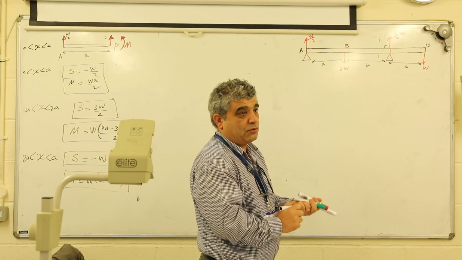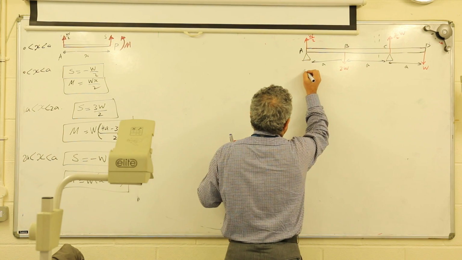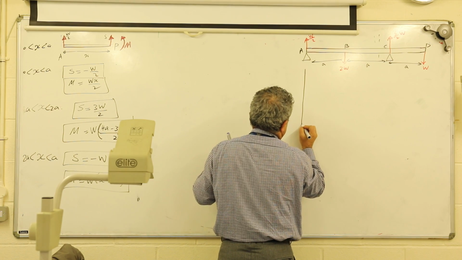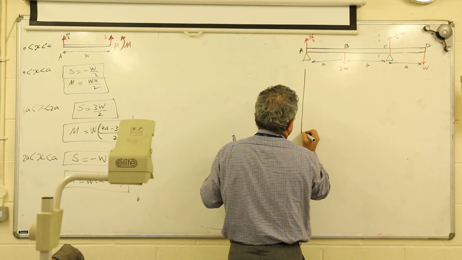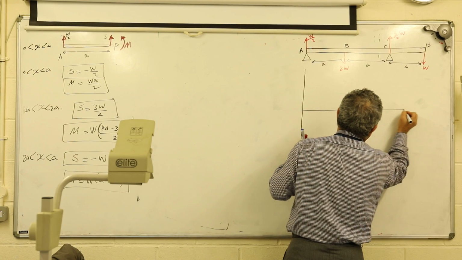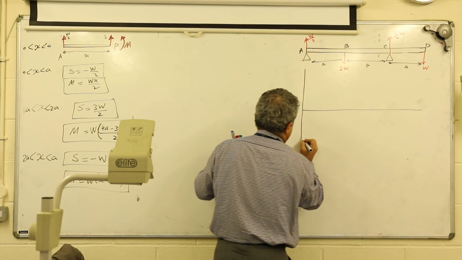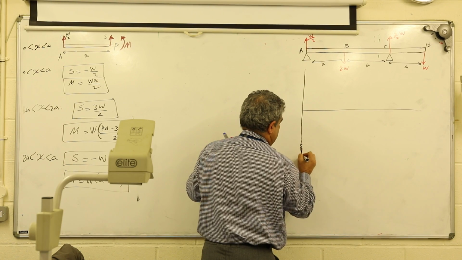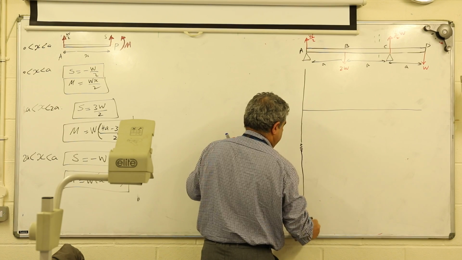Both diagrams should be under each other. So this is going to be my shear force, and with some separation here, this is going to be your bending moment diagram.